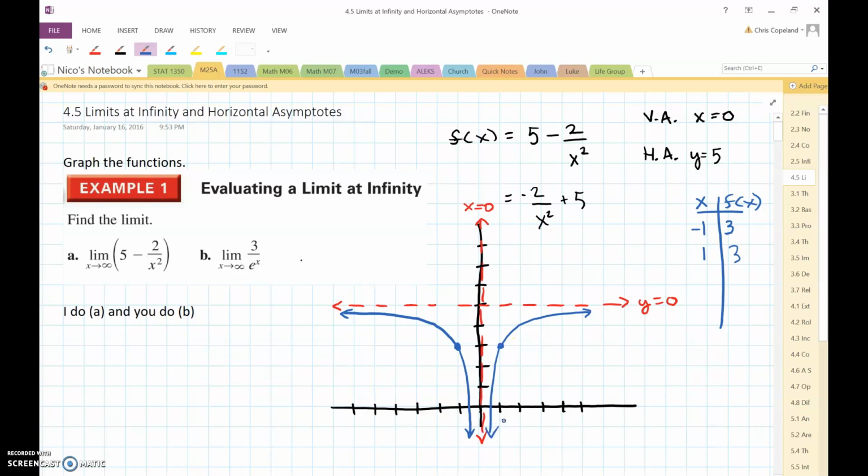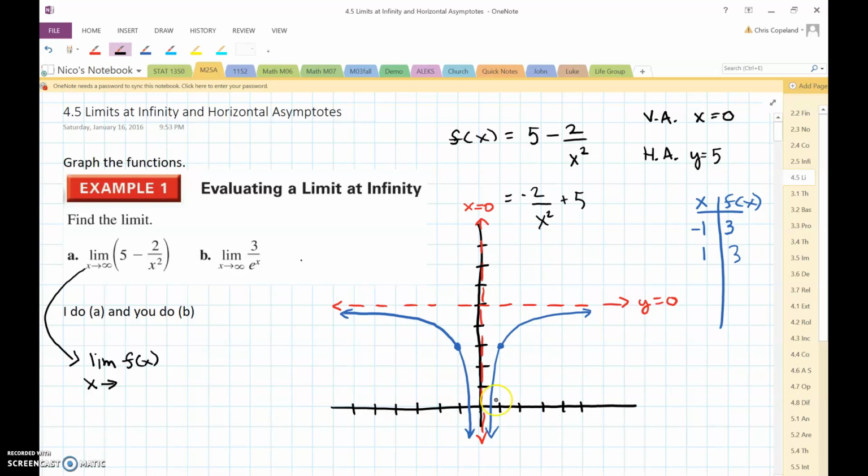Okay, so now that I have the graph, I can use this idea of one-sided limits. Since we said that this is f of x, I'm just going to write f of x here. The limit of this function as x approaches, well, we're just looking at positive infinity.